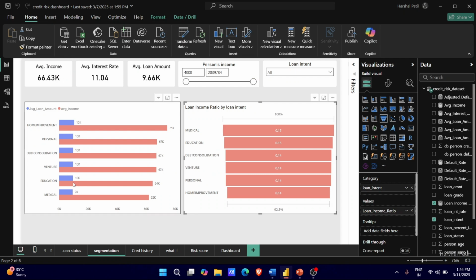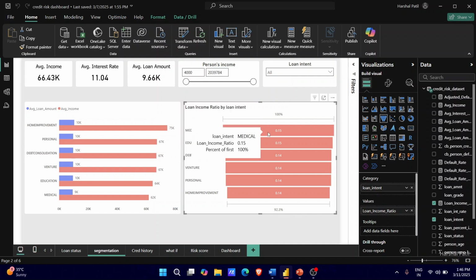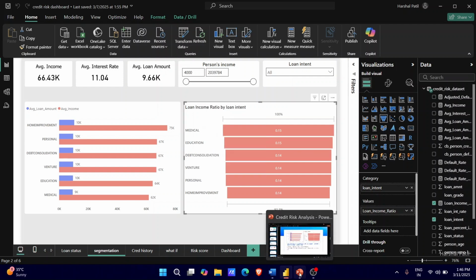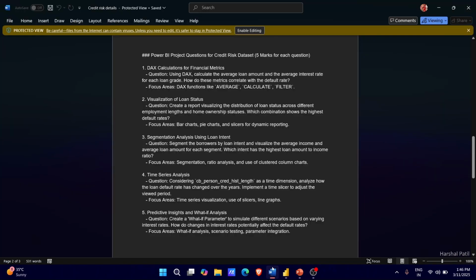You can see here, customers with education and medical loans have an average loan amount more than the others. Here again, you can see the loan to income ratio is about 0.15 compared to the others. On to the next one.